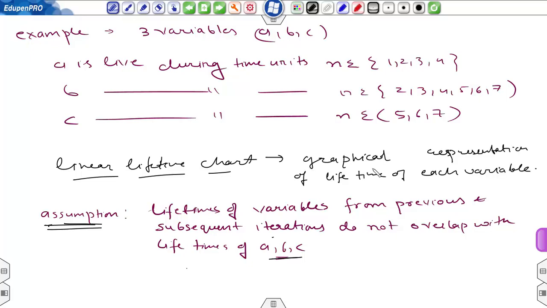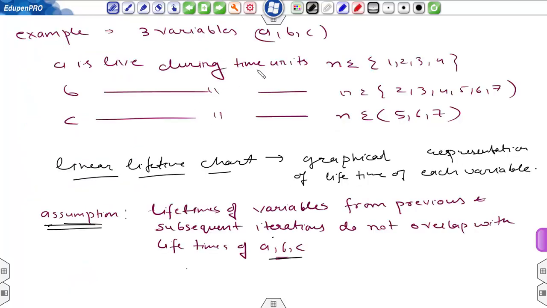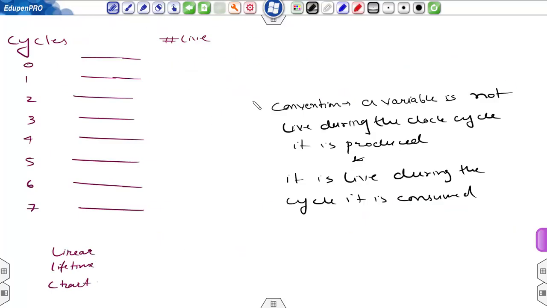It is a graphical representation of the lifetime of each variable. The linear lifetime chart is shown here for this example. And one convention is followed: a variable is not live during the clock cycle it is produced, and it is live during the cycle it is consumed.